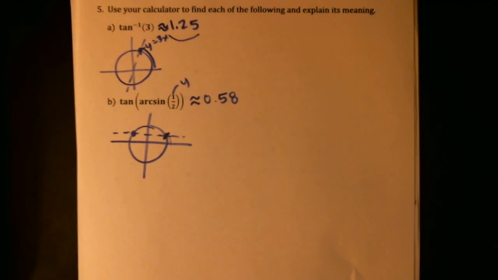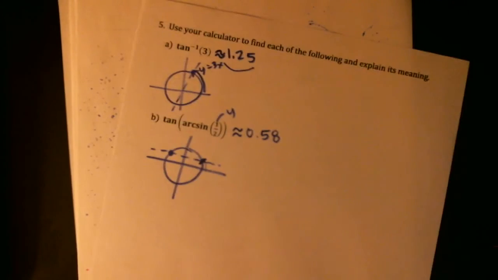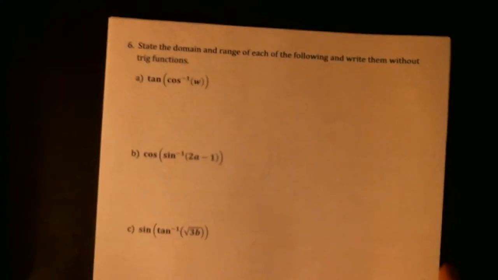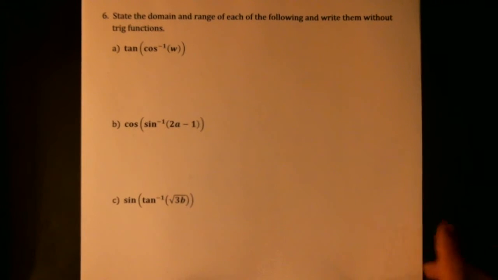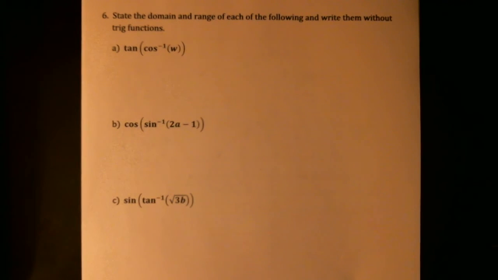Okay, and then let's see, change gears a little. Okay, so number 6. This is actually really similar to the number 4 stuff, but it's a little more general. I'm not giving you numerical values.